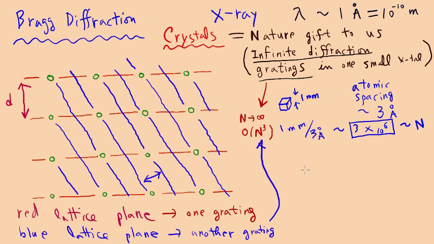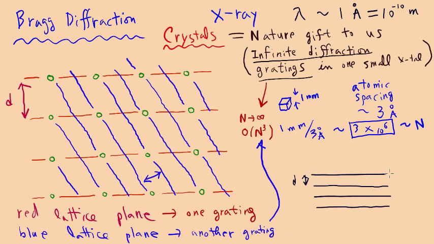So I hope you agree with me that whichever lattice planes you take, basically what you have is planes of atoms with distance d. So that's like a diffraction grating, except that in the diffraction grating we had rulings made on a surface.